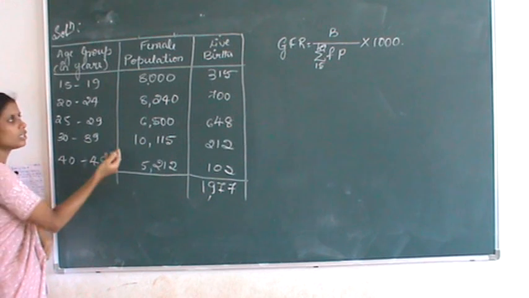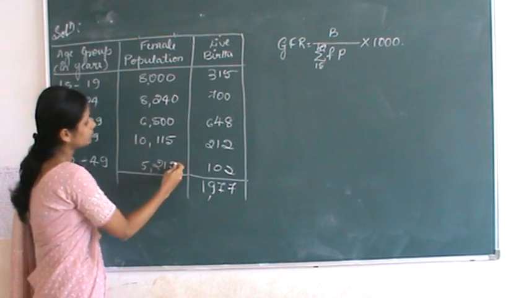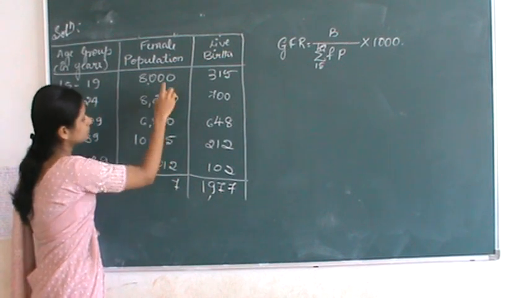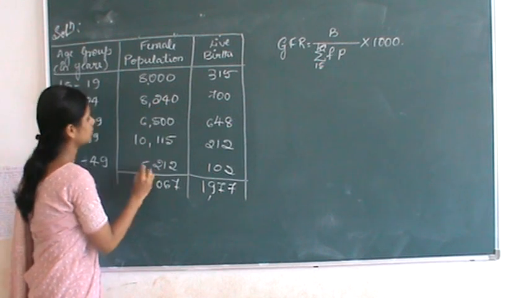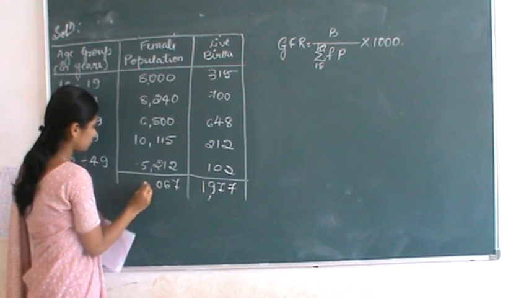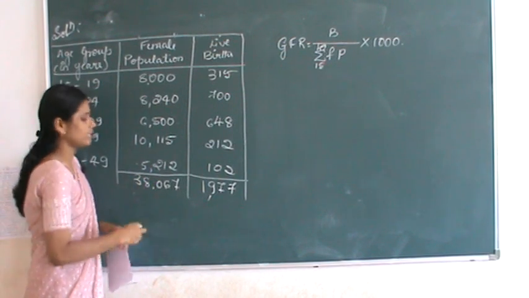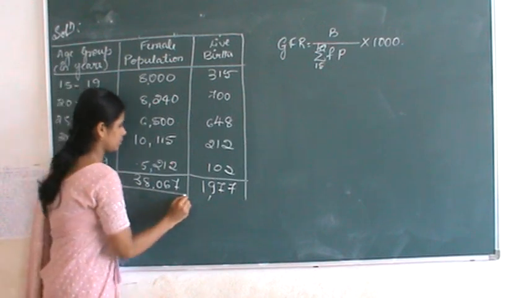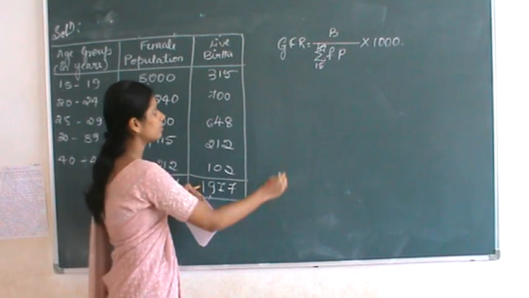Already it is given, so simply we have to calculate the total of female population. 5 plus 2, 7, it is 6, 10, that is 38,067. So now we will substitute the values in the formula.